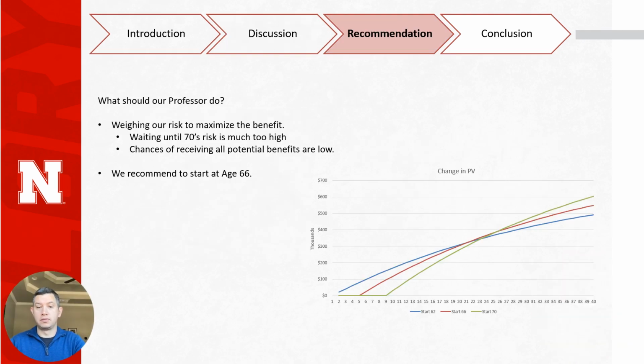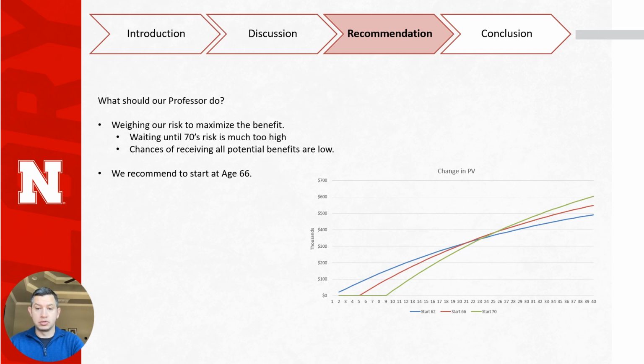Thank you, Courtney. After reviewing the information and utilizing it to weigh the risk versus the benefit, we believe that our professor should not wait until the age of 70, but rather wait until age 66 to start collecting her Social Security benefits.